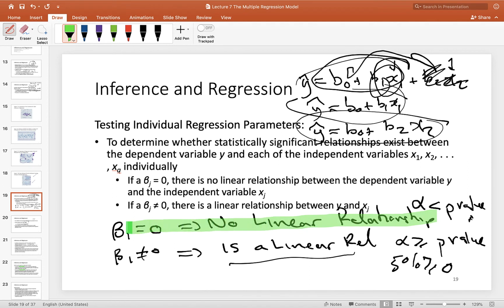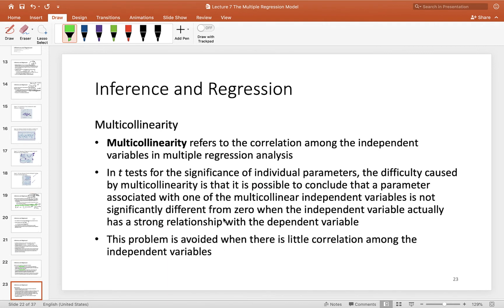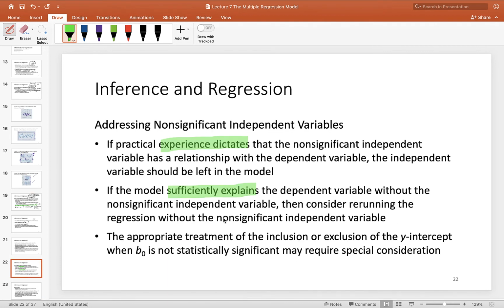We assume that the null hypothesis is true until we can prove it's not. So non-significant means we don't deviate from the null hypothesis. What can we do in that case? When it's non-significant, it's basically up to you as an experienced user of statistics. You should be able to figure that out, but you're going to need special consideration to be able to do that.